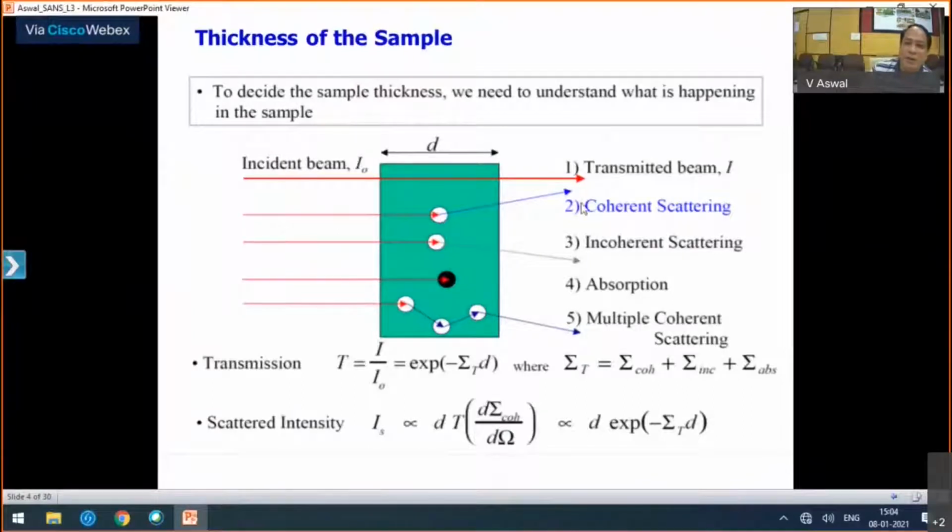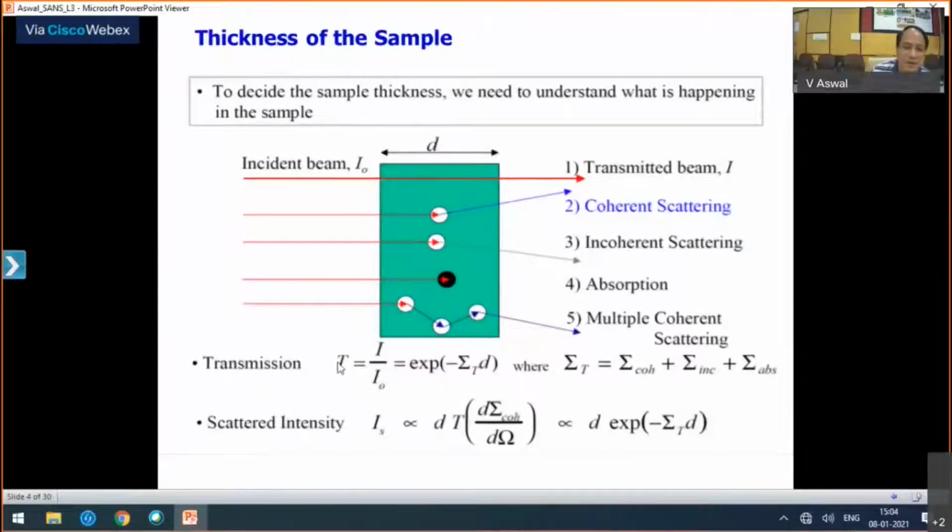Then you will also have coherent scattering taking place from the sample, then incoherent scattering, and then there will also be absorption of the neutrons. And as I said, there is always a possibility that you don't have just single scattering, but the neutrons which are scattered can also undergo multiple scattering, and that's what you should minimize, because your theoretical models are mostly for single scattered neutrons.